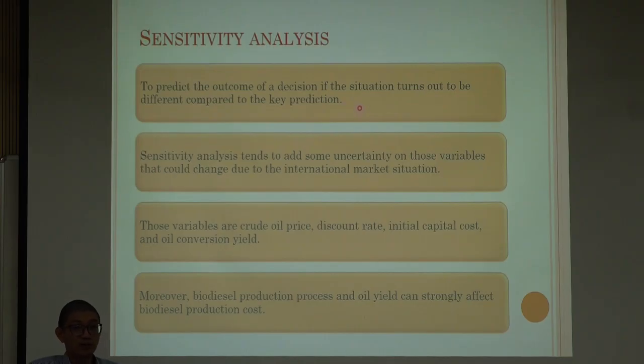So what if there is a certain percentage change in the crude oil price, or the raw material price, or other operating costs? What would be the impact on your total product price, for example? And how much would it affect your total payback period? Would it prolong your payback period or shorten it?